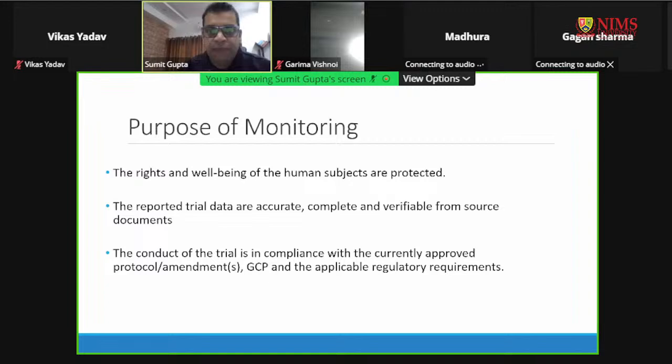Then technologies. Dr. Sunil has also already talked about DCT, decentralized clinical trials. Most of those technologies are used in RBM as well, such as electronic data capture or eCRF and the clinical trial management system. And we have IRT, interactive response technology, which we have been using in the last several years, in mobiles as well. Whenever you call a service center or a call center, that is an IRT.